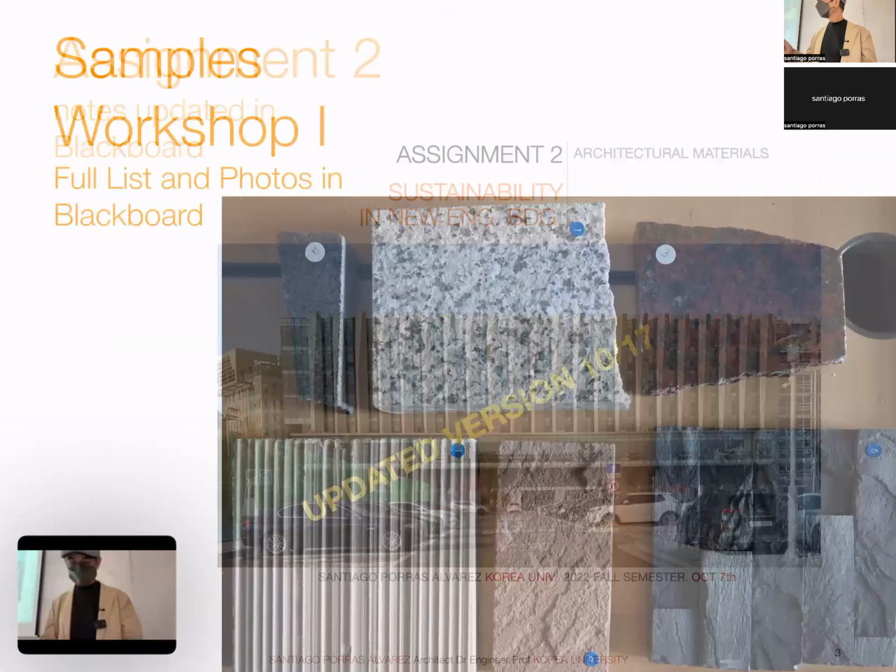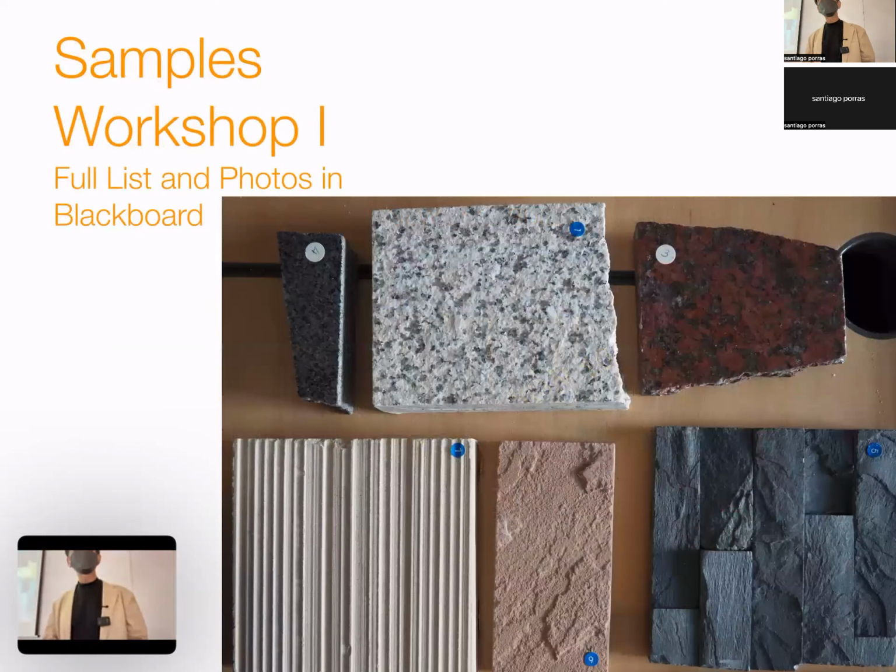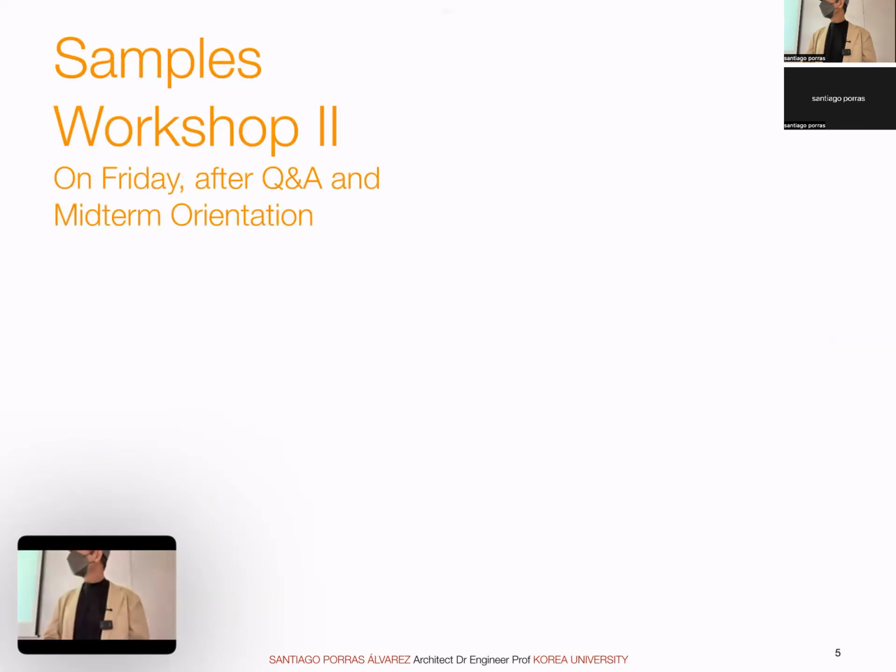I also uploaded the photos and the full list of the materials workshop we did, right? And if everything works okay, on Friday, after the questions and answers, the comments, and the midterm exam orientation, which is next Tuesday, we will have the second workshop, right? Mostly with the glass and timber materials.